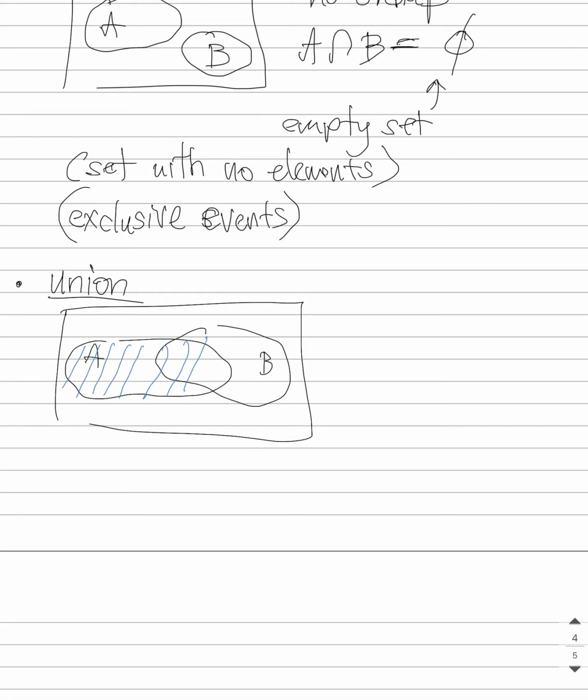So you take every element that is in either one. They are all elements in A or B. And the symbol that we're going to give it is A with an upside down U, B. So this upside down U is called a union symbol.